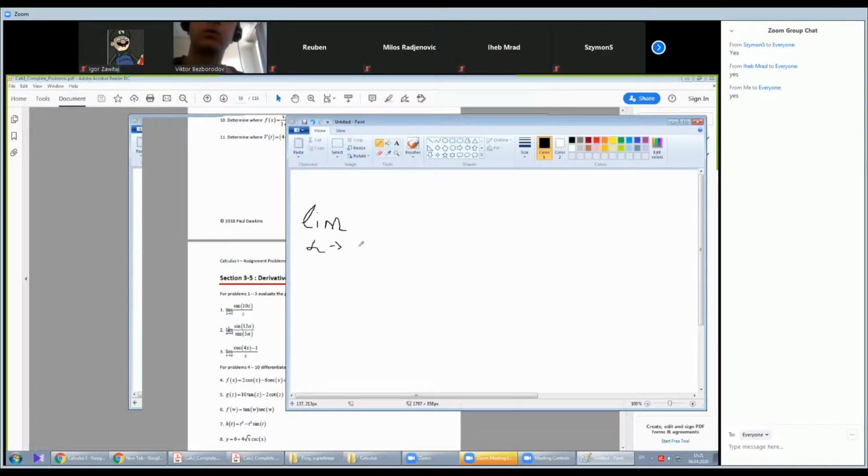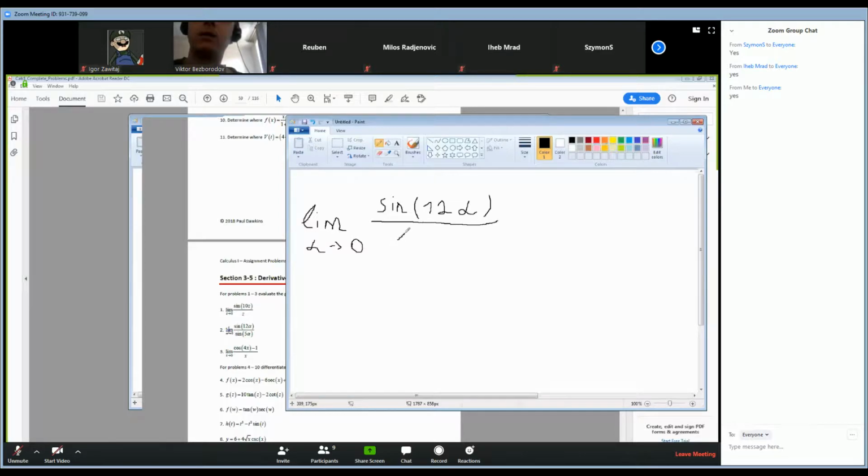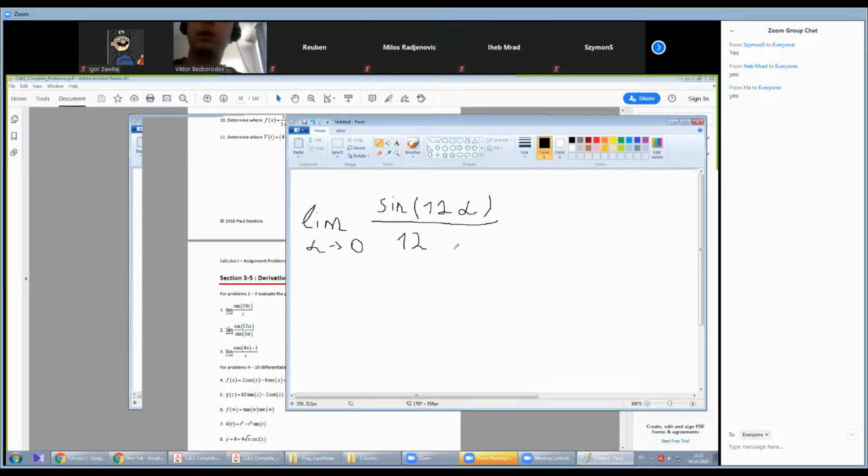It's going to be the limit as alpha goes to 0 of sine 12 alpha divided by sine 5 alpha.